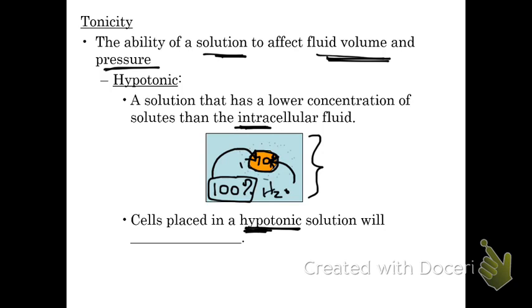And the cells there are going to increase. They're going to enlarge. And if the influx of water is so rapid and there's such a difference in concentration that so much water goes in, that enlargement can lead to a lysis. That cell can lyse, break open, pop.